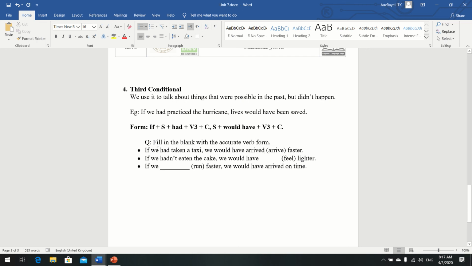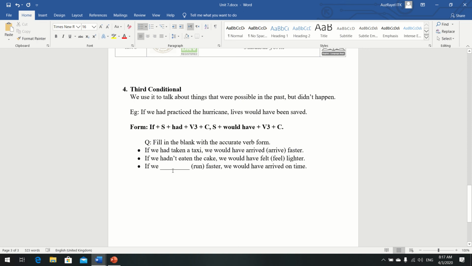So they didn't take the taxi, okay, and they didn't arrive as fast as possible. Okay, here the second sentence says if we hadn't eaten the cake, we would have felt lighter.